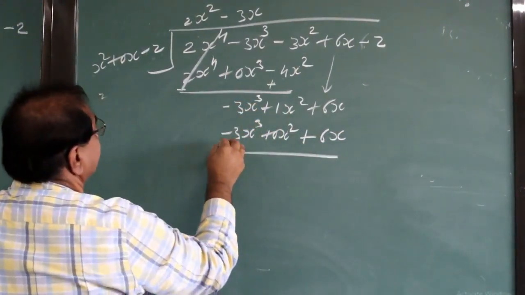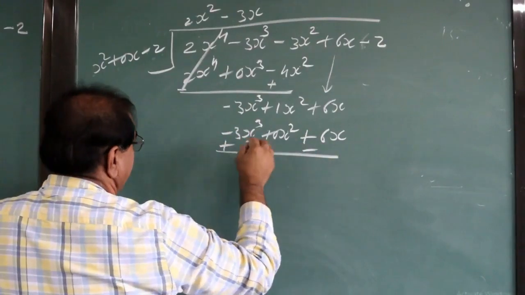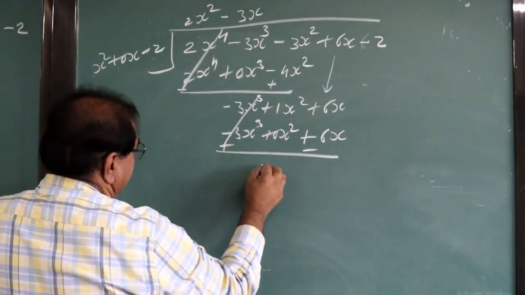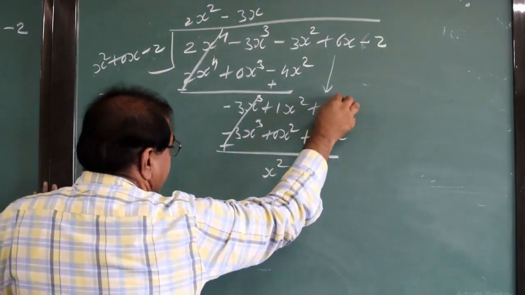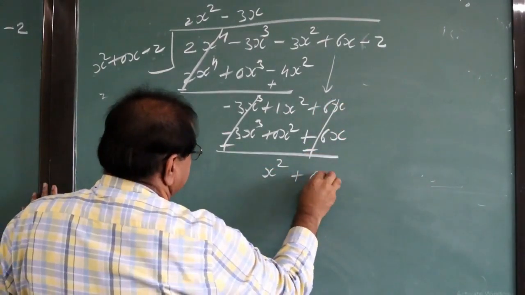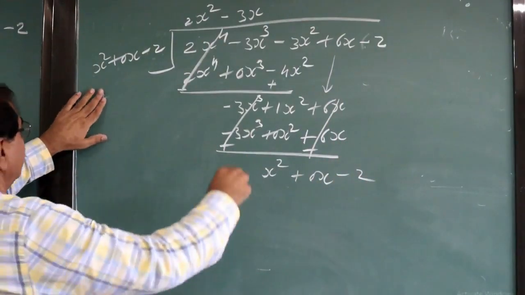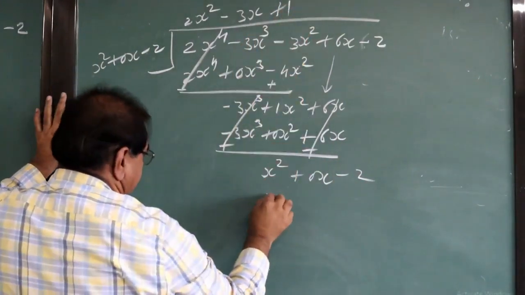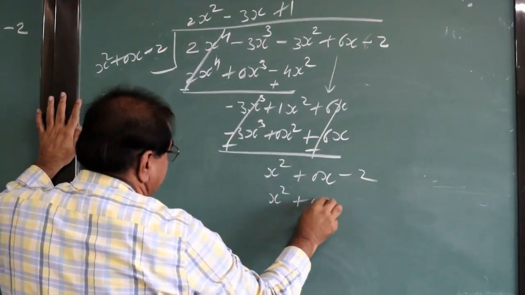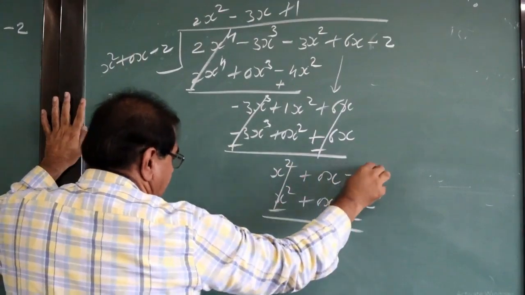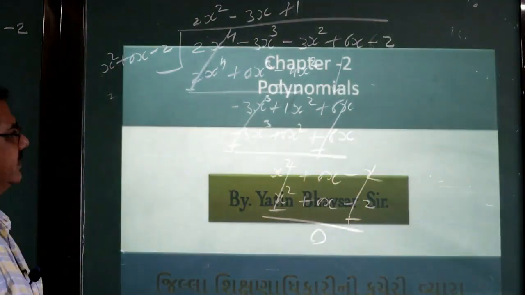Now we take the final subtraction: it is cancelled, 1 plus 0 is 1, it is also cancelled, so it is plus 0x − 2. Now you can check the same is there, so plus 1. So it is x² + 0x − 2, minus plus, gone, so the remainder is 0.